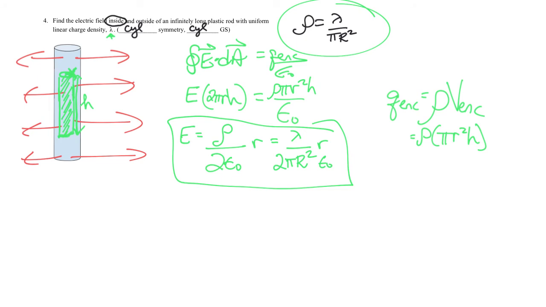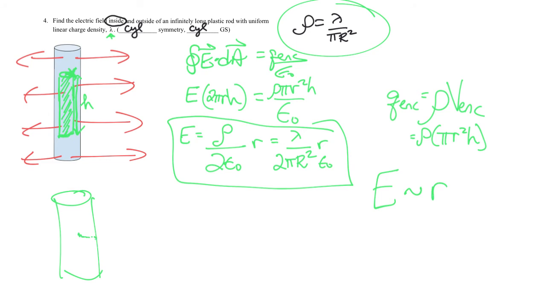So this is important because this says that E is proportional to r. So as you start in this cylinder, the electric field at the center is 0, and it gets bigger and bigger as you get further and further.